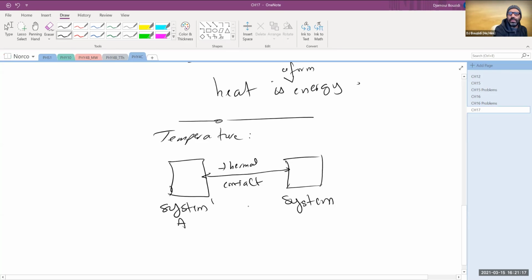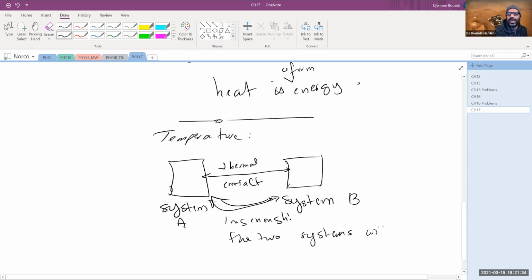So if we wait long enough, the two systems, this is system B, by the way, the two systems will reach thermal equilibrium, in which case I say they have the same temperature.